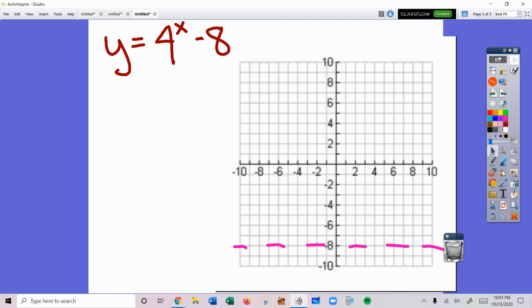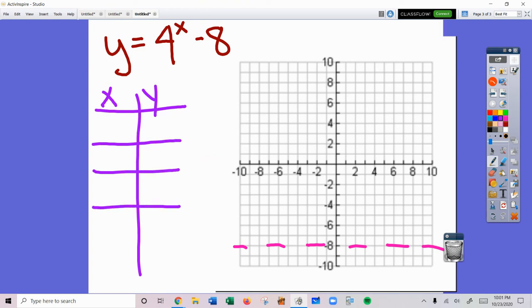Okay, and then let's make a table. We need to make a table to plug in some values. And like I said, let's just start with a -1, a 0, a 1, a 2, and a 3, and let's see what happens.